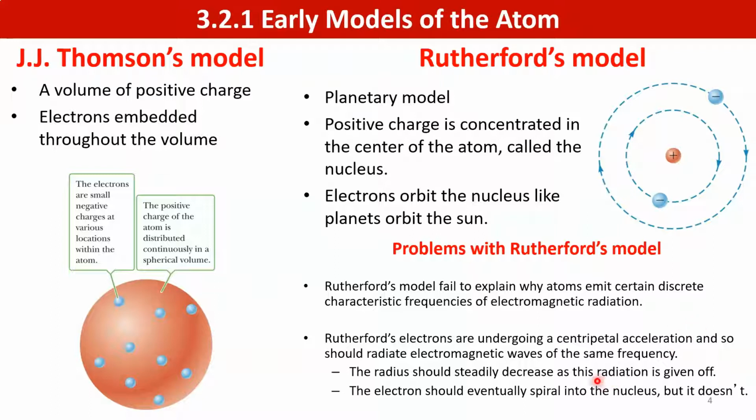The radius should steadily decrease as this radiation is given off, and the electron should eventually spiral into the nucleus, but this doesn't happen. So the Rutherford model cannot explain certain things.